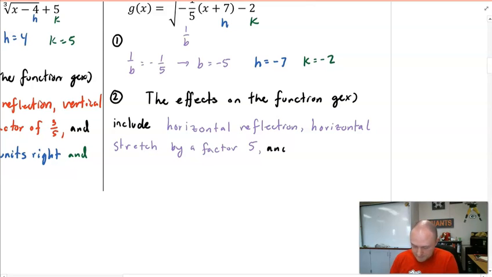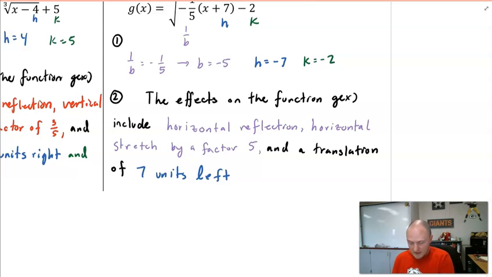And a translation. So again, now I'm going to describe my translations. A translation of, and I'll do the h value. H is negative, so we are going 7 units left. So again, I don't include the negative. The direction is included with the left.